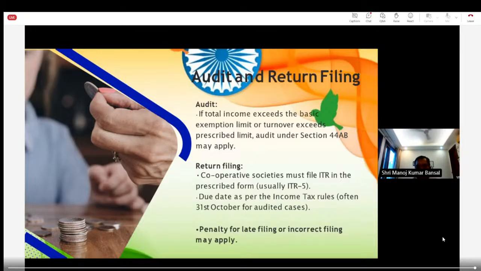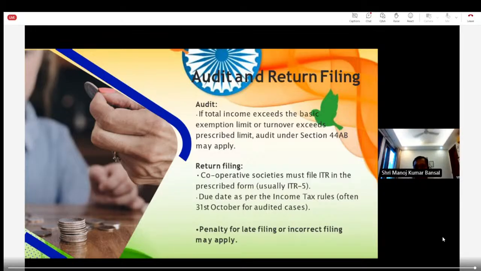Section 44AB has clearly said that if turnover exceeds a certain limit, say it is 2 crore right now, audit will apply and it has to be audited by a practicing chartered accountant.